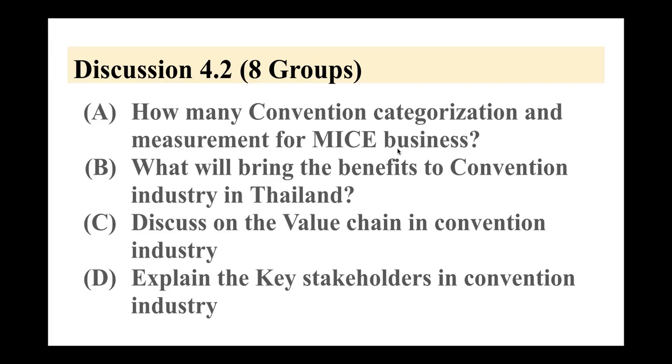And the next one, convention and visitor bureau, which is important as it directs and promotes the development of the MICE industry in the area. It represents 2 main roles and responsibilities.